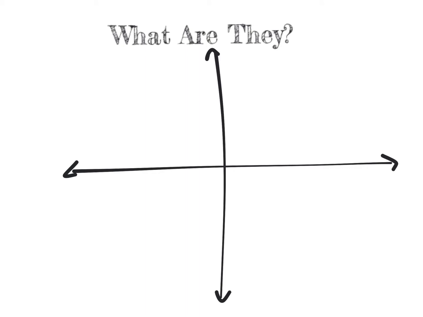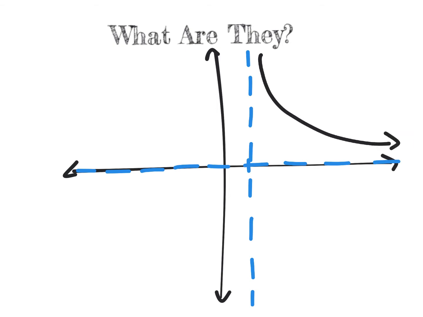What it means is this. Let's say that we have a vertical asymptote at 1, and a horizontal asymptote at y equals 0, and our function looks like this. Now, a hole will occur when you're actually missing a piece of the graph.